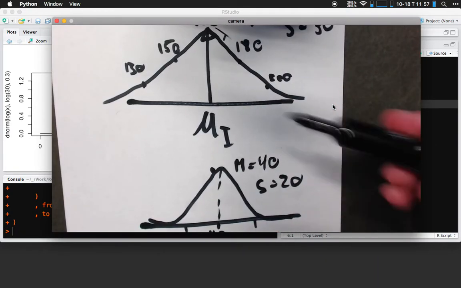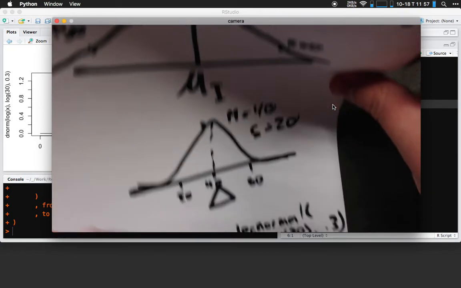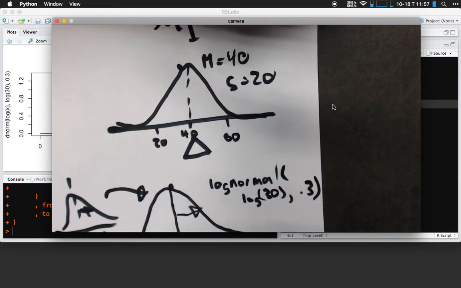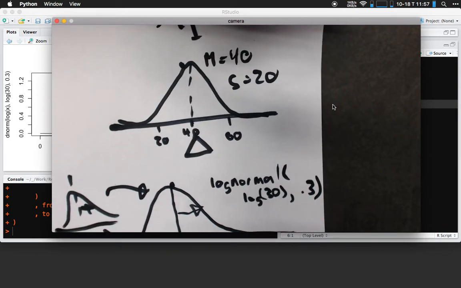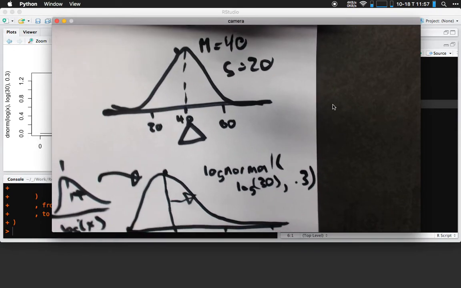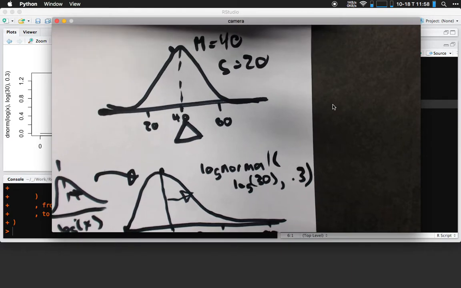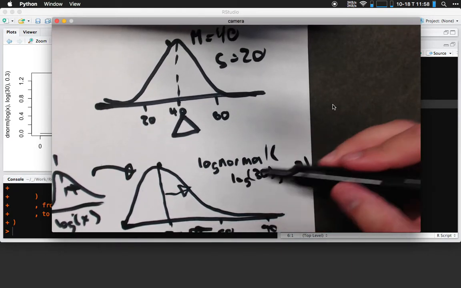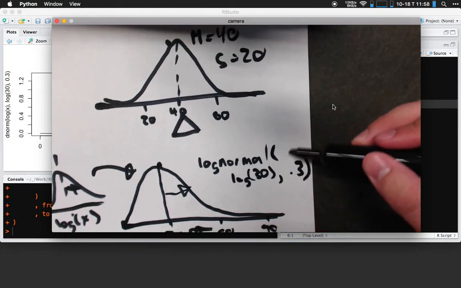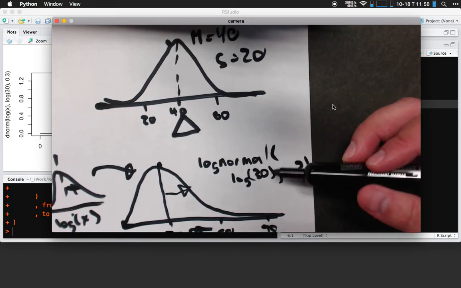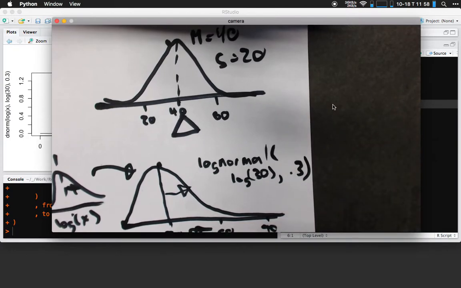Question 2 says use the same set of beliefs, but for the difference parameter. So log 30 is a bit different, isn't it? Because we are thinking about standard deviation is 30. So we need to put something that will get close to 30 after applying log. Remember the numbers inside the call to log normal in Stan assume that you're on the log scale.